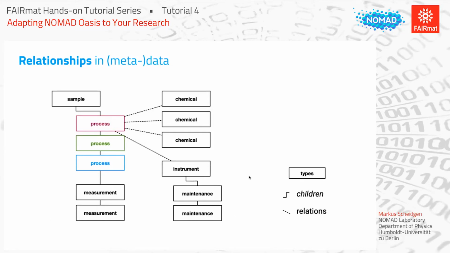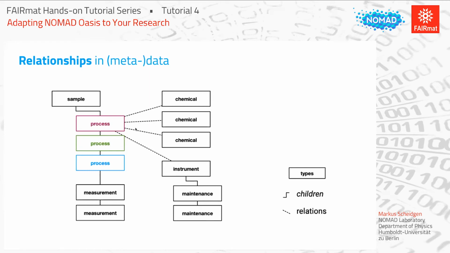So in NOMAD, you can build these hierarchies through subsections. You just saw it in the example. One section can define another section as a subsection. For example, here, you could have a section for sample information, and then this has subsections for the processes that are applied to the sample, or the characterizations, measurements, whatever that are done with the sample. You could organize this as children.